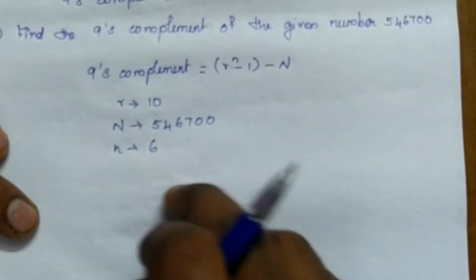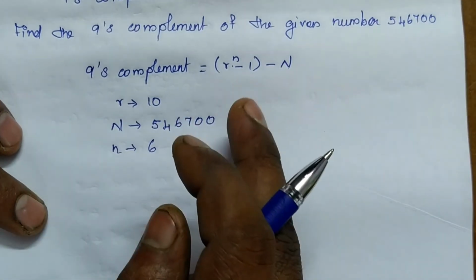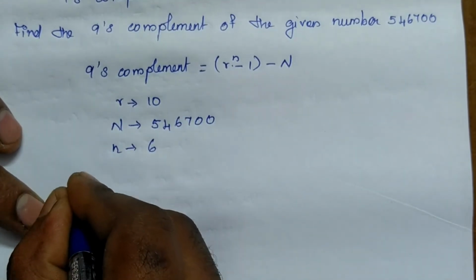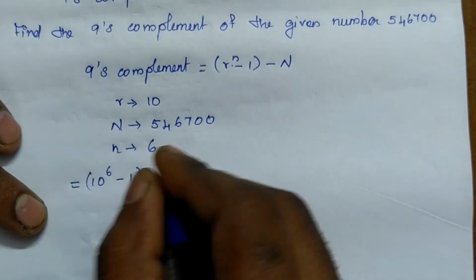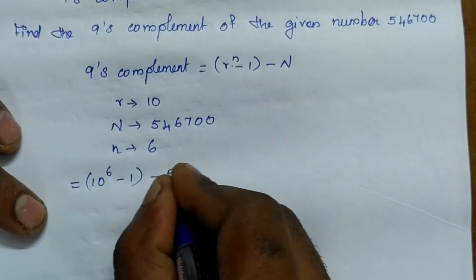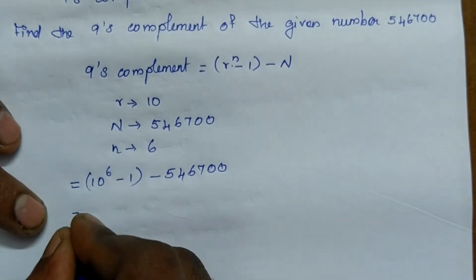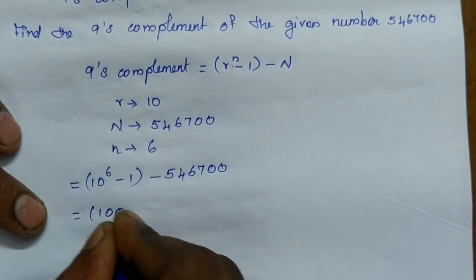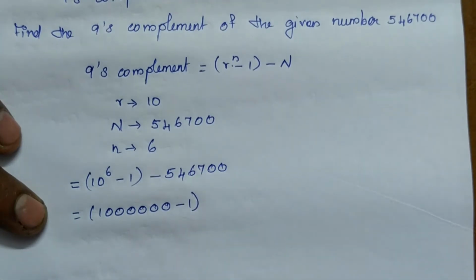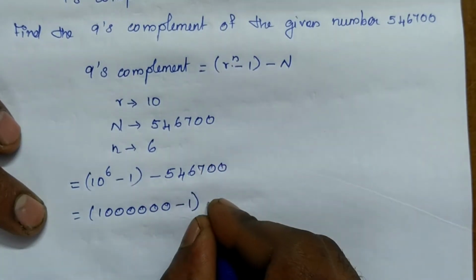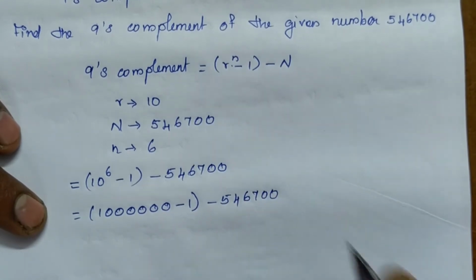Now we need to substitute the values into the formula. So here we will have 10 power 6 minus 1 minus 5, 4, 6, 7, 0. 10 power 6 is nothing but 1 followed by 6 zeros, minus 1, minus 5, 4, 6, 7, 0.